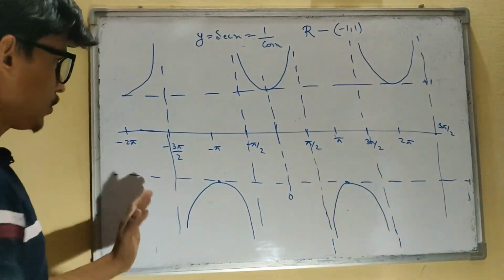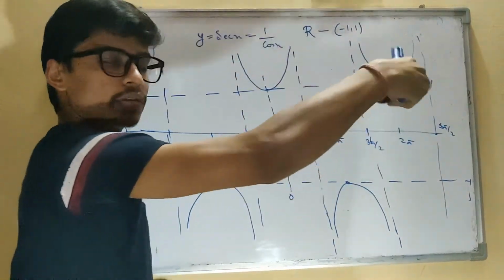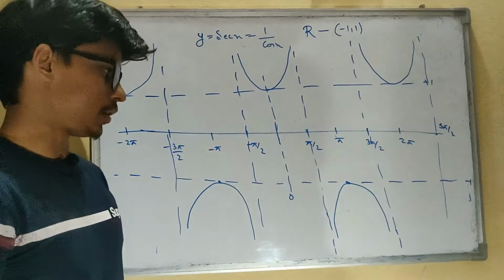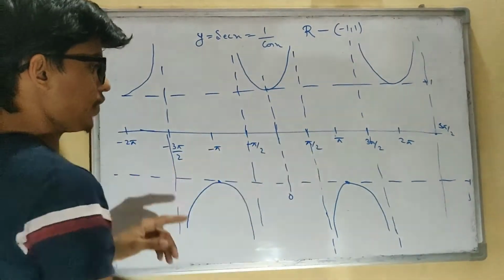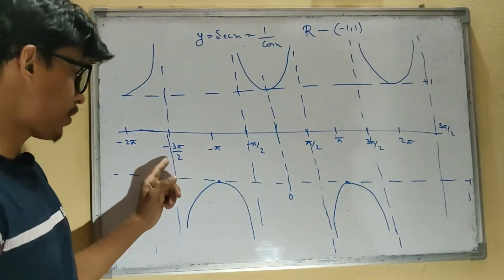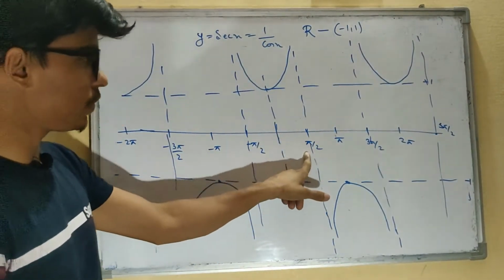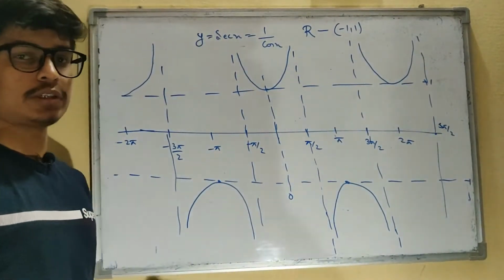Okay, so this is the period, this plus this, this plus this, and this is going to keep repeating itself. That is why it is periodic, and the period is going to be minus 3 pi by 2 to pi by 2. So if you see the range, this is 2 pi. Minus 3 pi by 2 plus 2 pi is pi by 2, and pi by 2 plus 2 pi is 5 pi by 2. So that is how they are in period. So it is periodic.